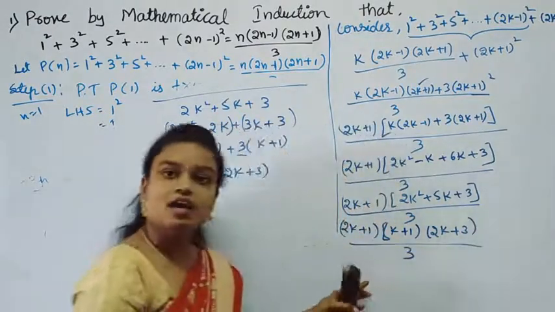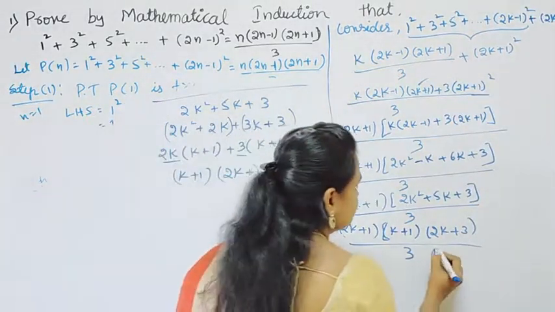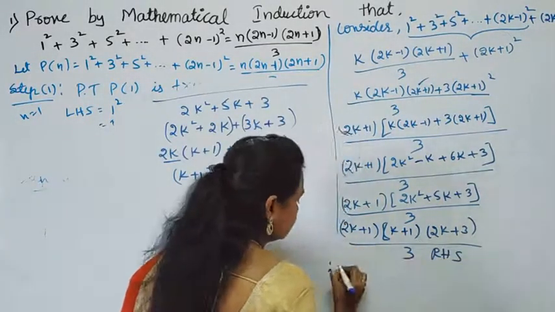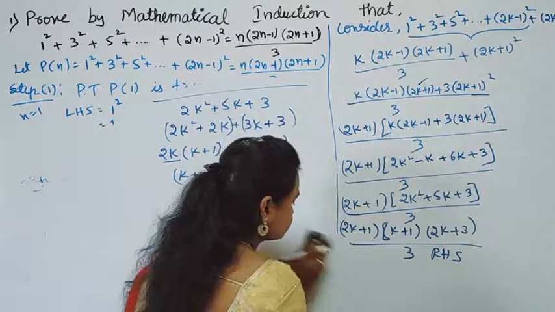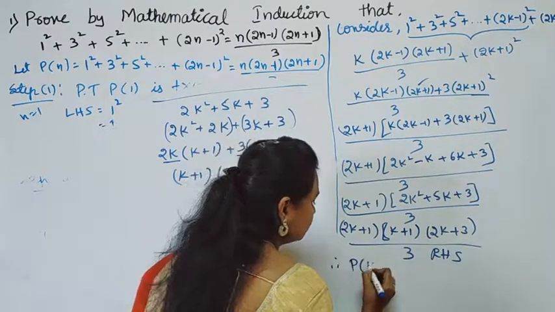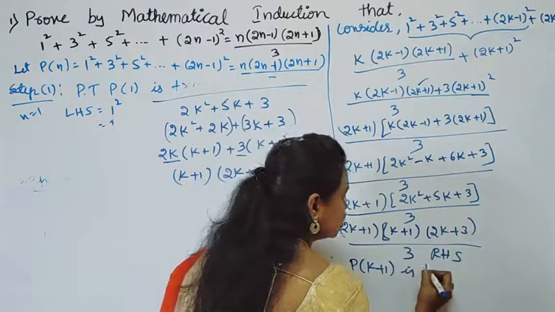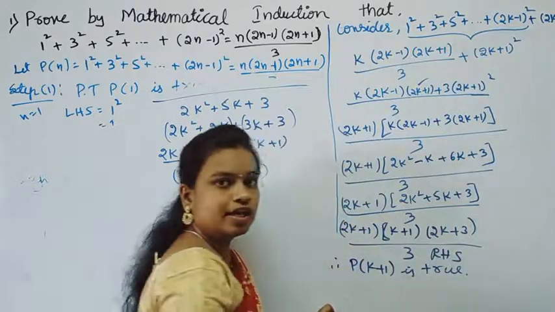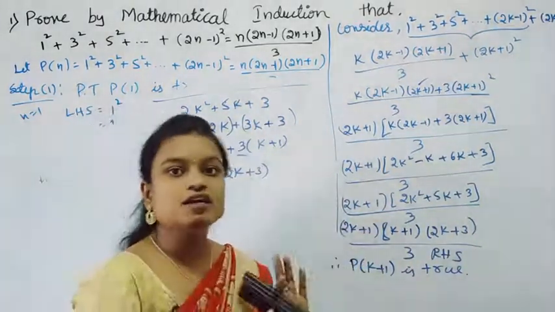This is our RHS, right? This is our RHS. So therefore P of k plus 1 is true. So all the 3 steps are completed.